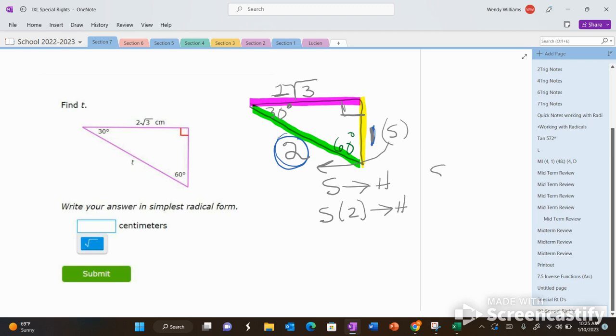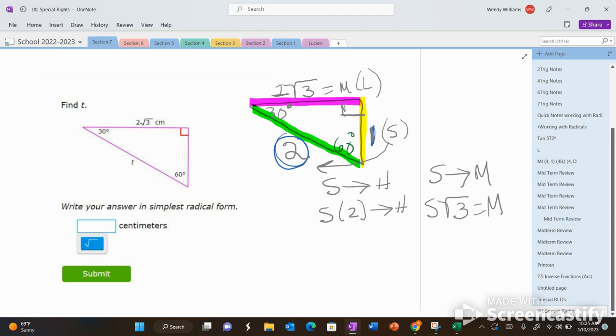To go from the small to the medium, or I like to call it the longer leg, we take the small times the square root of 3. And that's called the equation method. I call that using the proportion or scale factor. Once you understand what you're doing, it becomes quite easy.